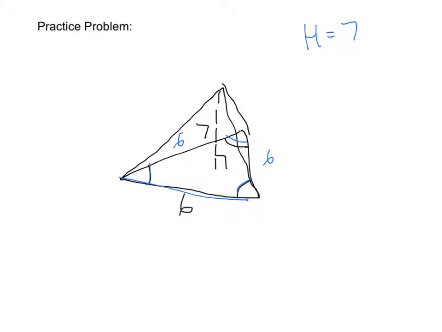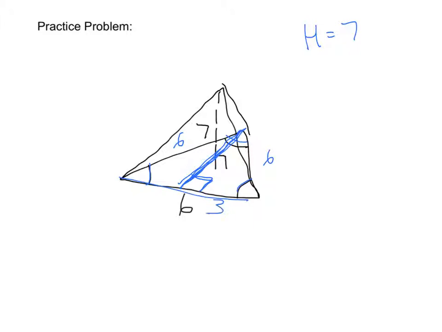And we can actually use what we learned in a previous chapter about 30, 60, 90 triangles to find this length, which is going to be the height of the triangle that we need to find the area of the base. So this line is going to divide this in half and be a perpendicular line, creating a right triangle, and not just a right triangle, but a 30, 60, 90 right triangle.